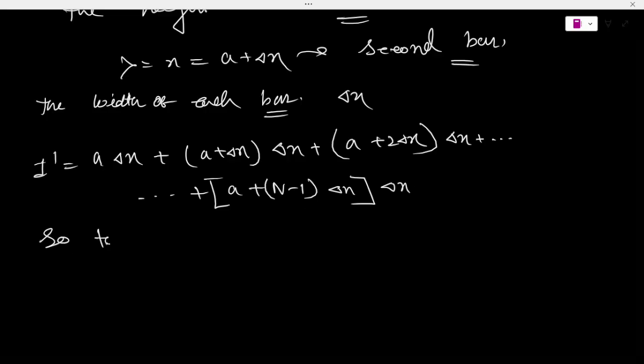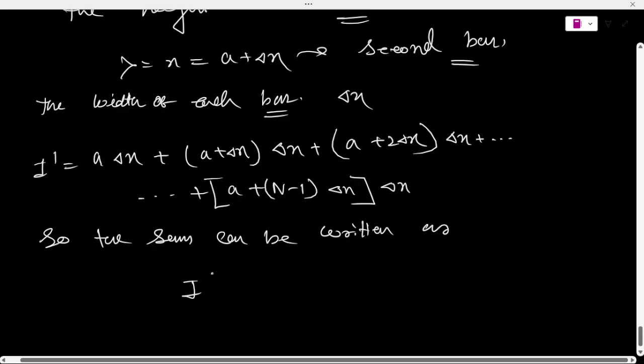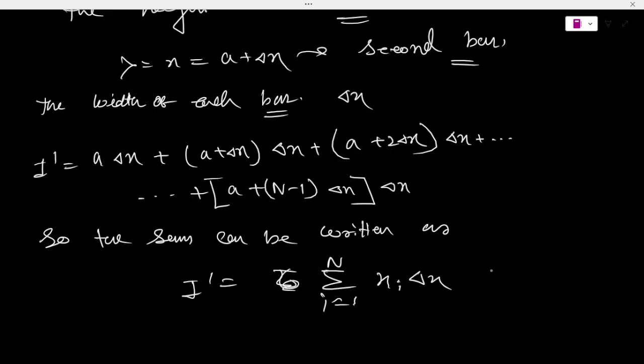So the sum can be written as I = summation of i = 1 to n of f(xi)Δx.